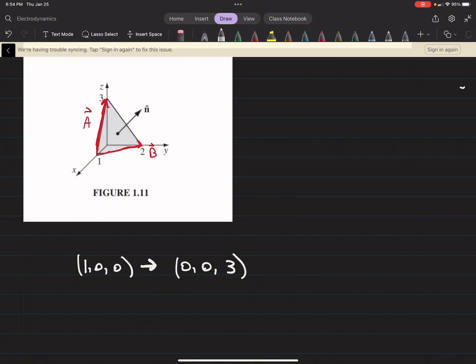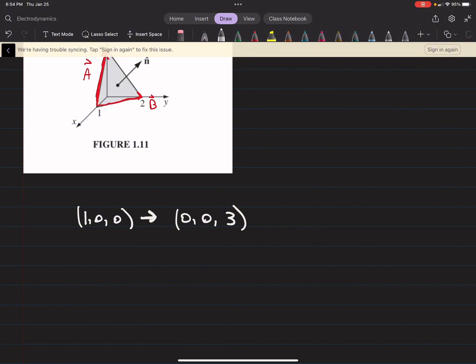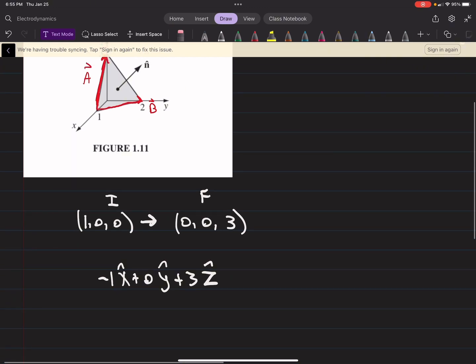For that vector, final point minus initial point, we would have minus 1 x hat plus 0 y hat plus 3 z hat.